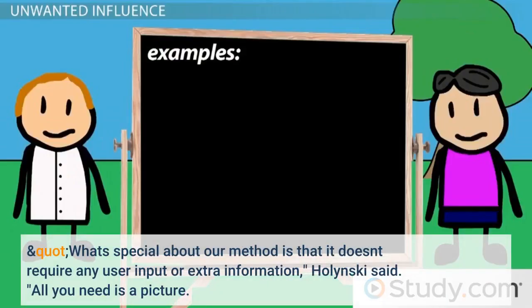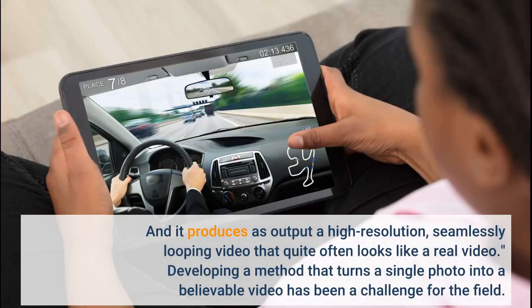What's special about our method is that it doesn't require any user input or extra information, Holynski said. All you need is a picture. And it produces as output a high-resolution, seamlessly looping video that quite often looks like a real video. Developing a method that turns a single photo into a believable video has been a challenge for the field.